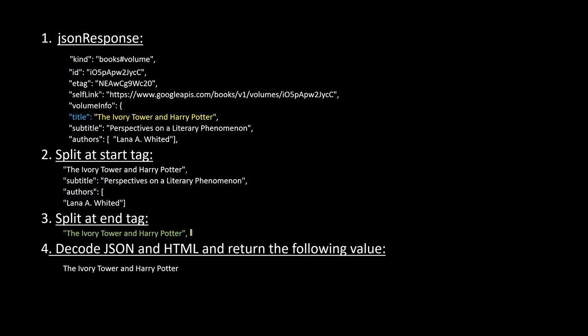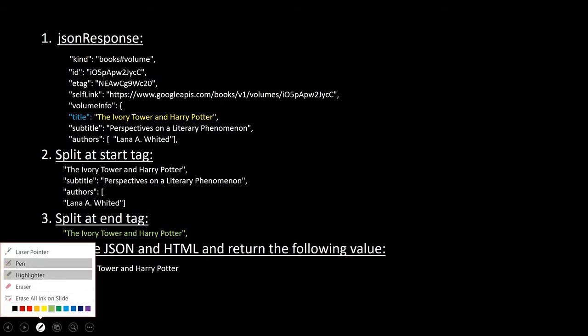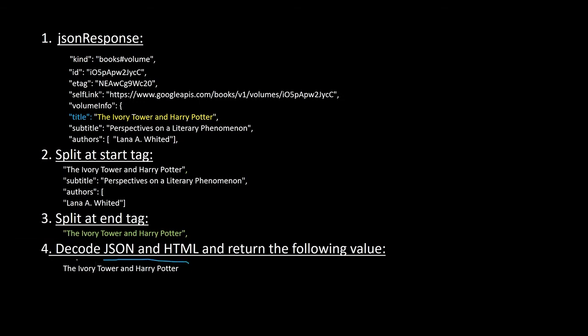Now, we probably don't want the quotes and the comma and everything, so what we're going to do is we're going to decode the JSON and HTML code and then return just our final result, which is what we've been wanting this whole time, which is this guy right here. Now, we're going to go ahead and take a look at some more specific examples in the next video where I actually go over how I did this in MIT App Inventor. But this is the big general idea.